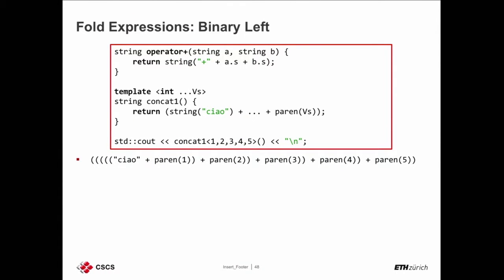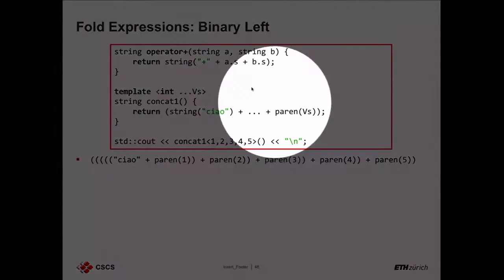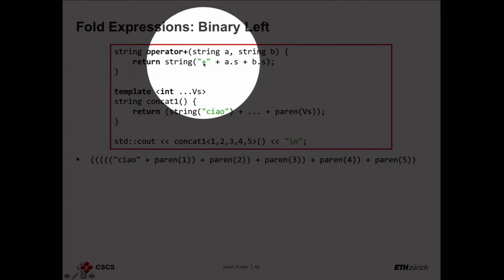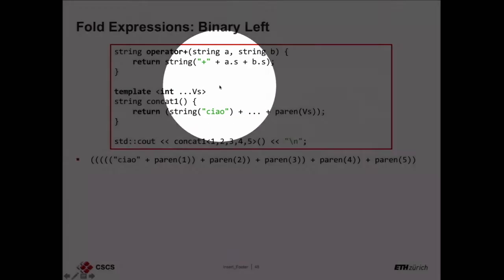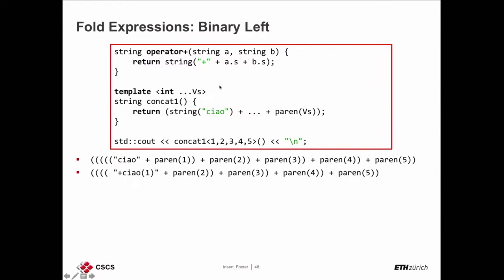I never actually use it in my code because I don't have C++17 code running at the moment. I have only one that just started with C++17. But what happens is that when I do this, with this plus that basically prepends the plus to the operator, I will start expanding these things.